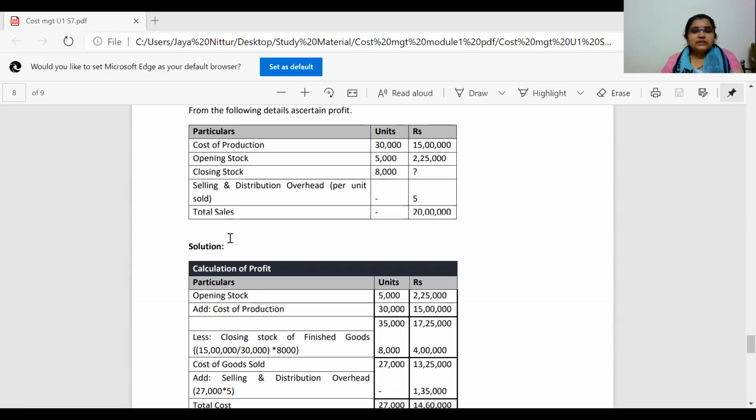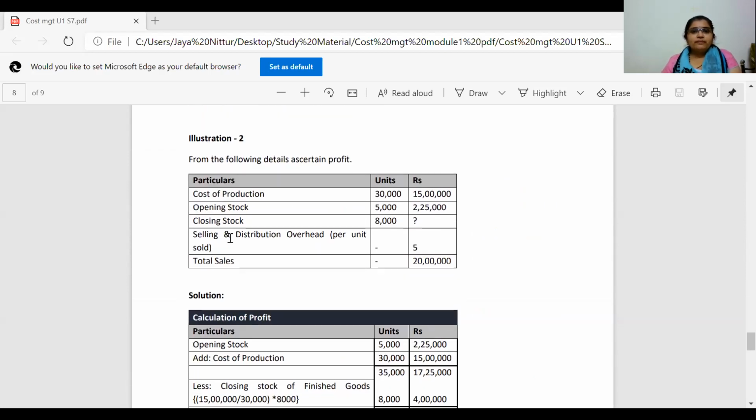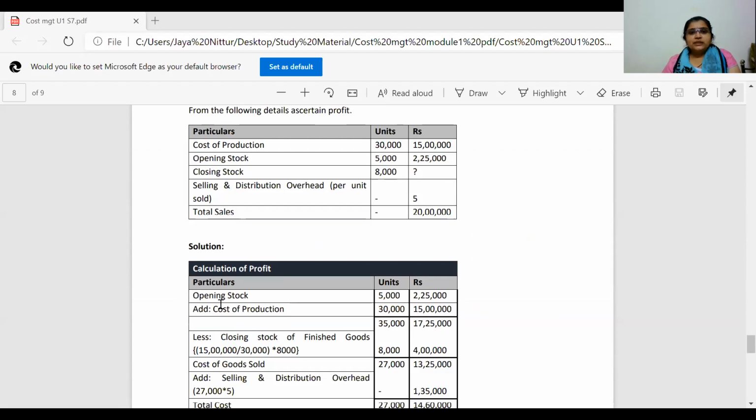Here is a simple problem where you need to ascertain the profit. It has given cost of production, opening stock, closing stock, selling and distribution overhead, and total sales. As I already told you, the opening stock he has given is 5,000 units of rupees 2,25,000.